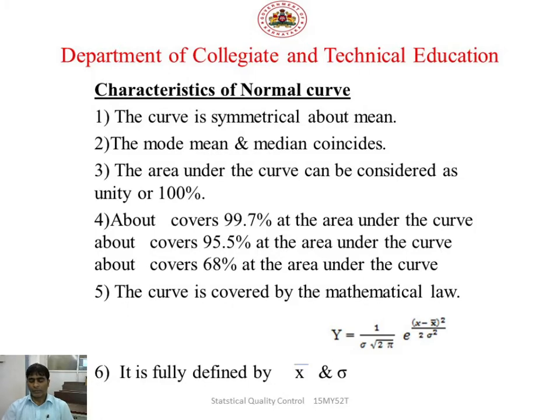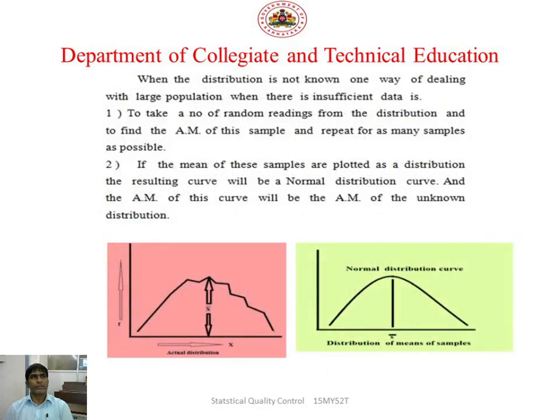Let's move on. When the distribution is not known, one way of dealing with a large population when there is insufficient data is to consolidate that data. There we have two options.